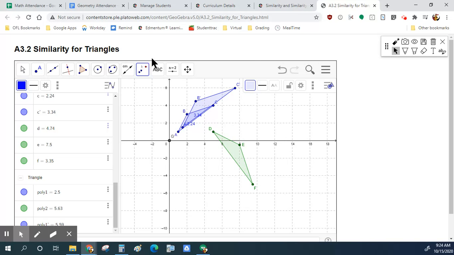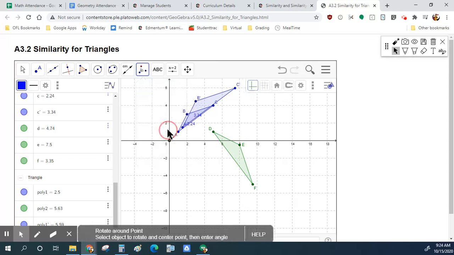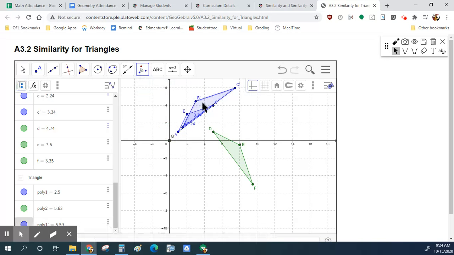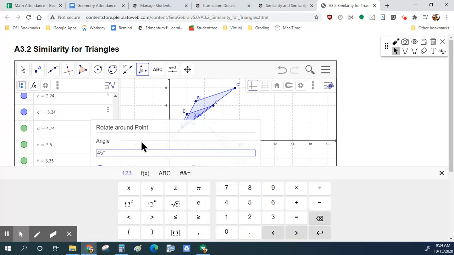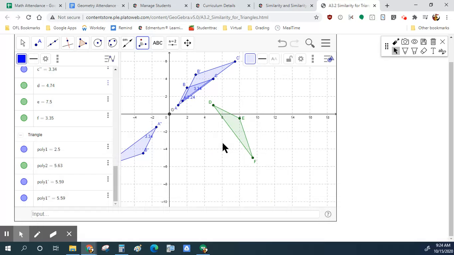So I want to rotate it 180 degrees. I'm going to click this new shape, rotate about this point, and do 180 degrees. It doesn't matter if we do it clockwise or counterclockwise, because 180 degrees is the same either way. And apparently that was not what we wanted to do.